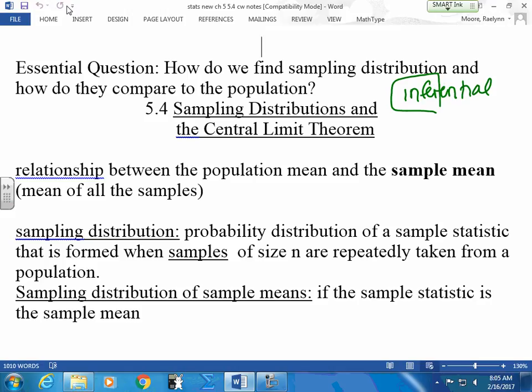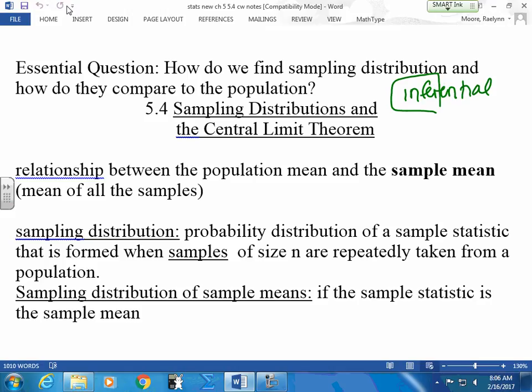Our samples better be a good representation of our population. If they're not, our answers are going to be way off. When people do studies, and obviously they have to keep taking all these samples, if their samples are not good representations of their population, they have to scrap everything and start again, because that's the most important part. You have to have a good representation of your population.